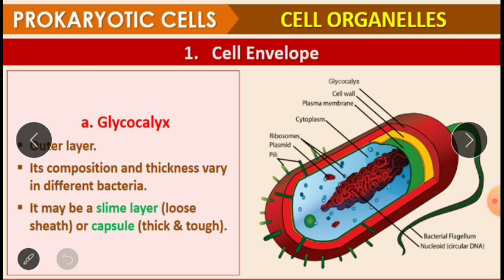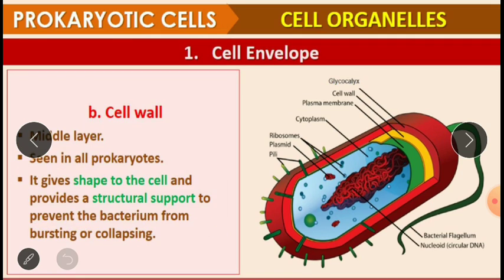The glycocalyx is the outermost layer. Its composition and thickness are different in different types of bacteria. It may be a slime-like loose sheet or a capsule-like thick and rough layer.